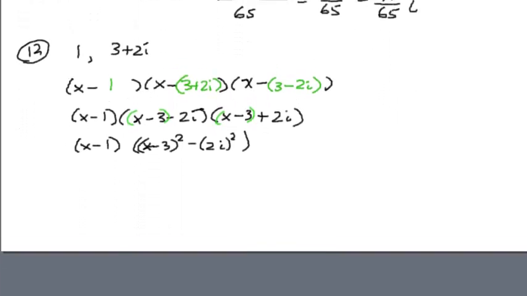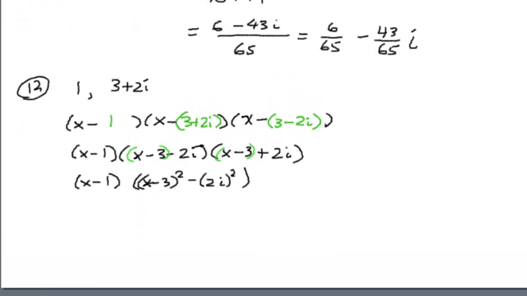Okay, and then I can say that this is going to be x squared minus 6x plus 9, and then this is 2 times 2 is 4, 4 times i squared is negative 4, minus a negative 4 is plus 4. So this is really x squared minus 6x plus 13.